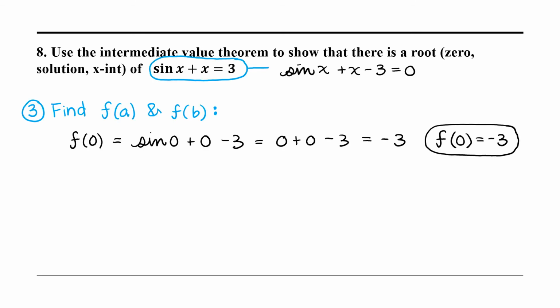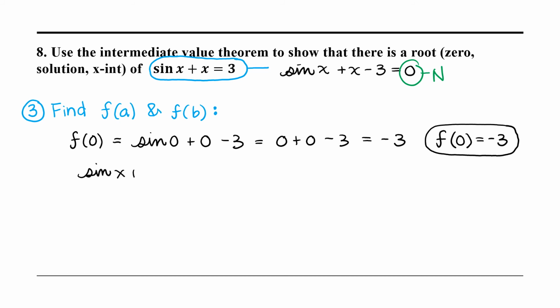So let's go back to the point in the problem where we were finding f of a and f of b. We had already found that f of 0 is equal to negative 3. So we'd already found a negative output. Since n is equal to 0, that means that now we need to find a positive output. So let's take a look at this function.